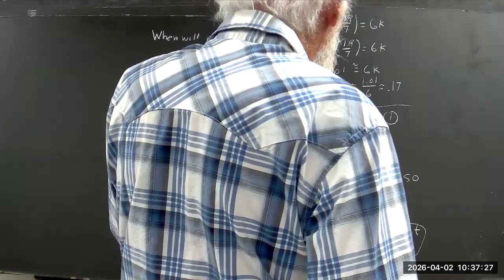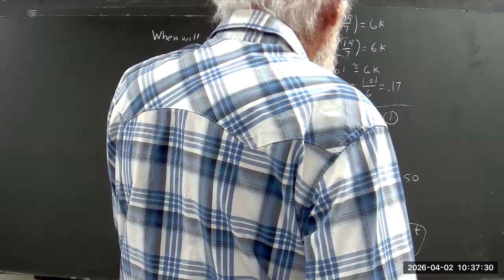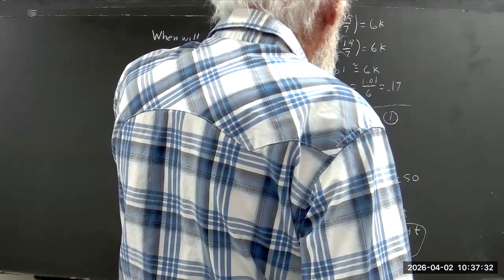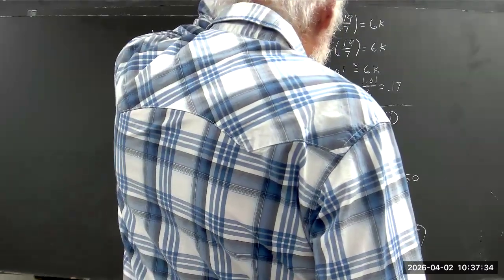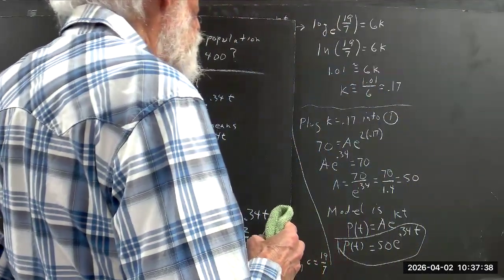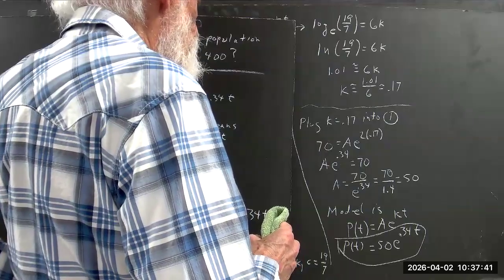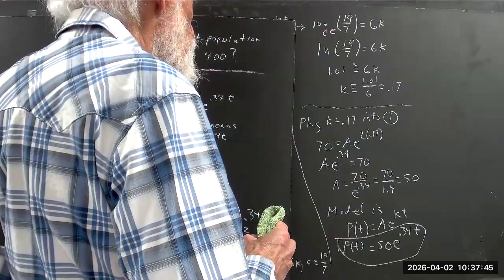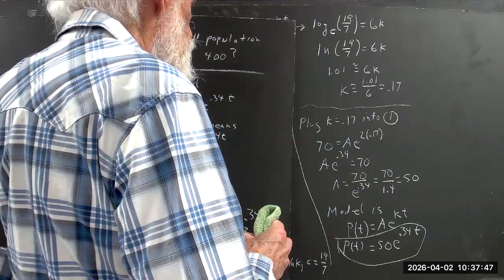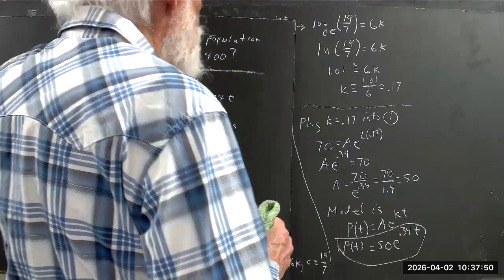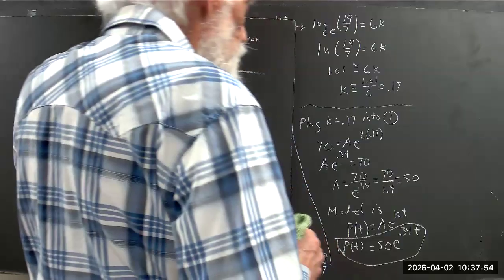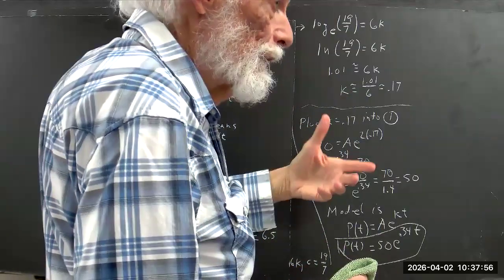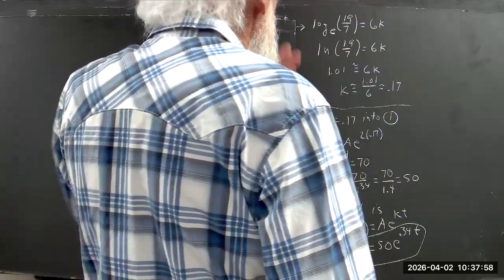And that wasn't quite right. There's a natural log of 19/7 that I miscalculated. 19/7, as I said at the time, is very close to e.